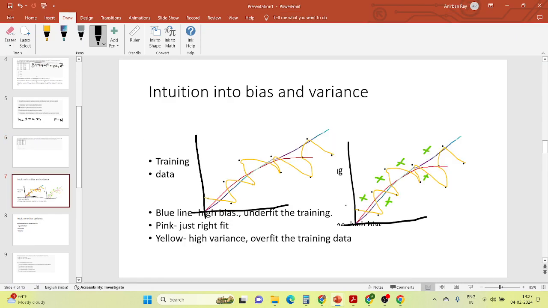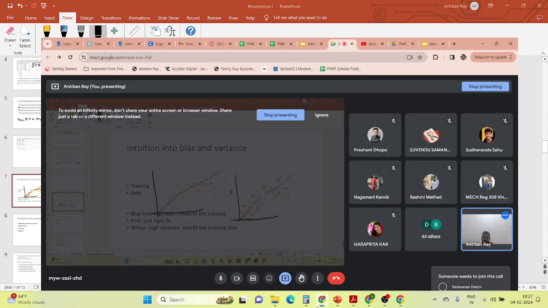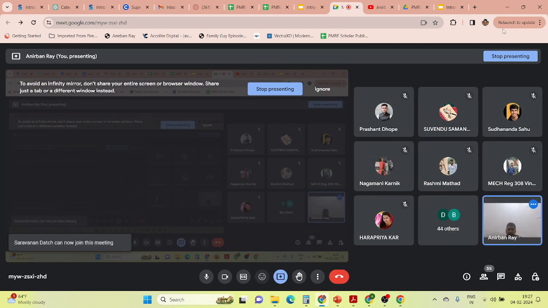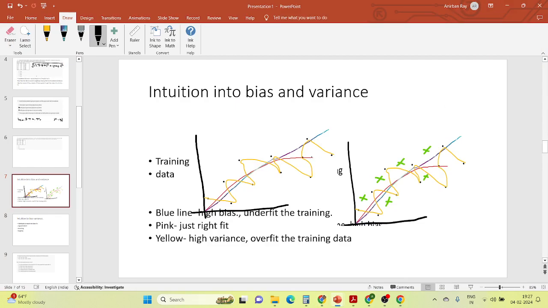So bias and variance are very important machine learning concepts, which tell us whether a curve that we have fit is perfect or not. It helps us get to the best possible curve for our prediction.